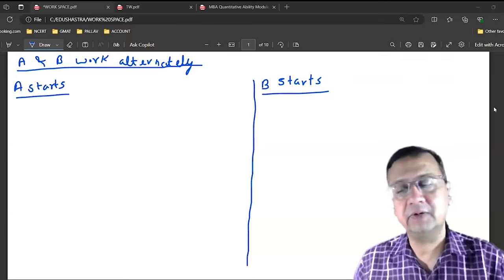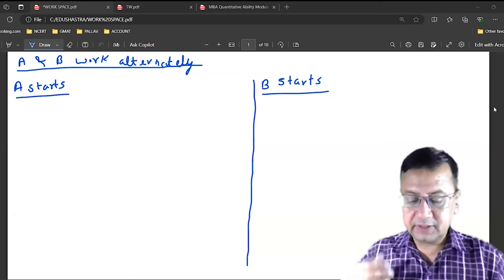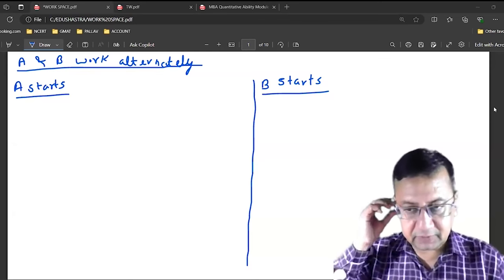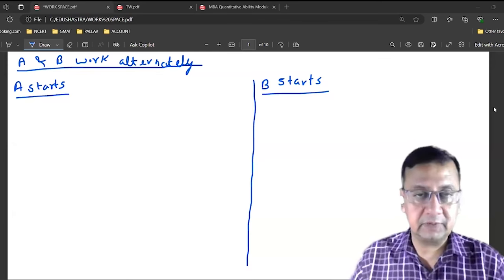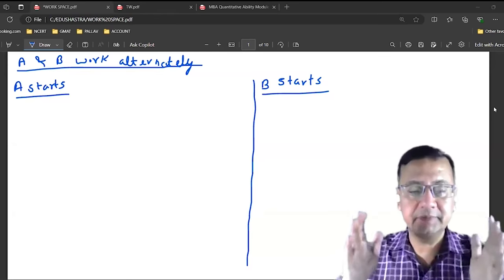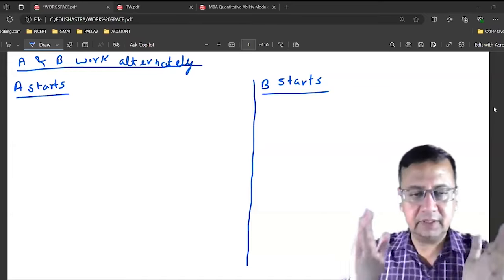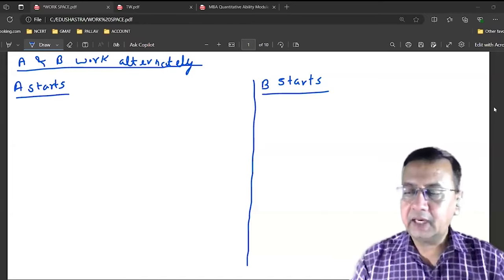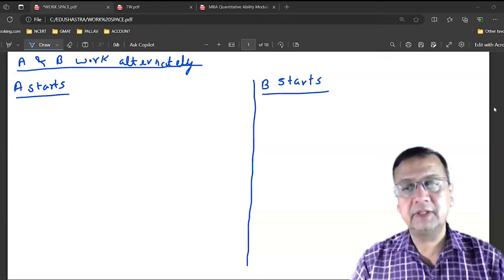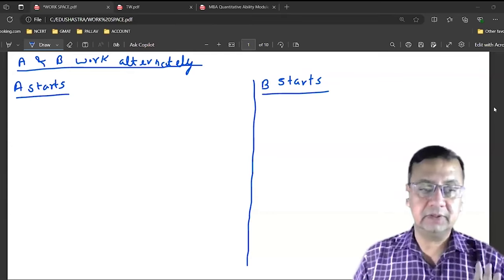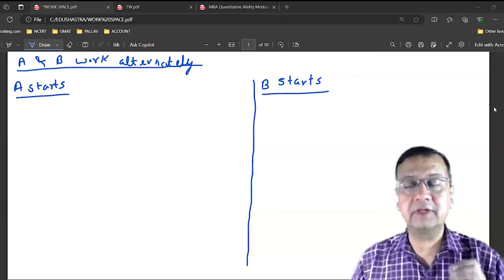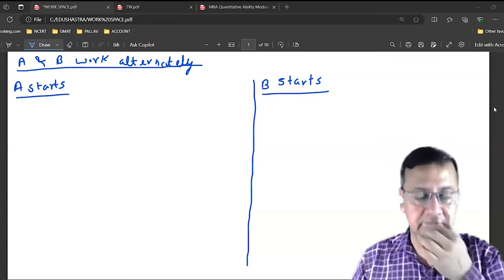In some exams you will get an on-screen calculator, so you will be shifting between the question screen and the calculator. And in most examinations you will not get a calculator, so calculation will be a little difficult for you.